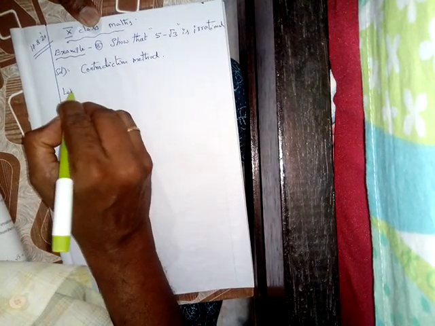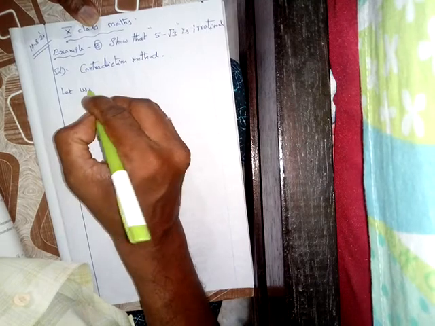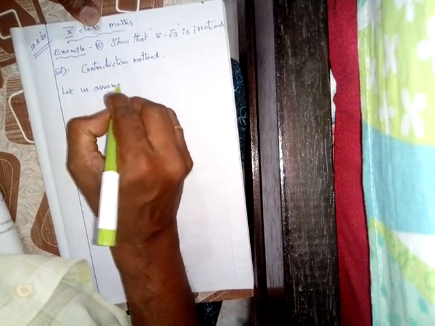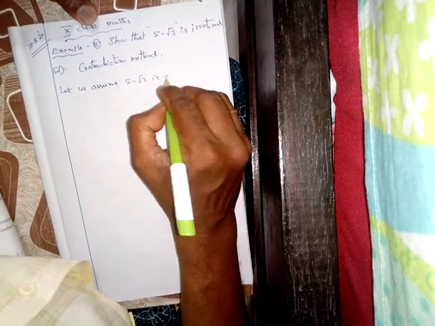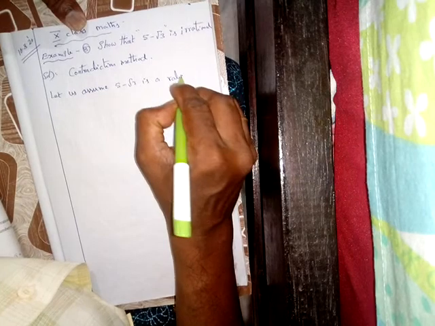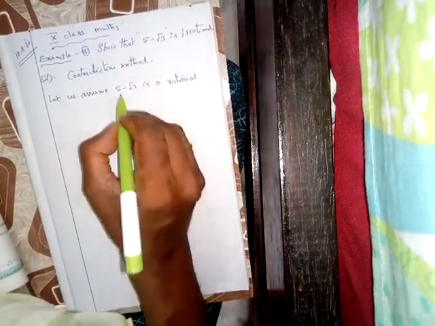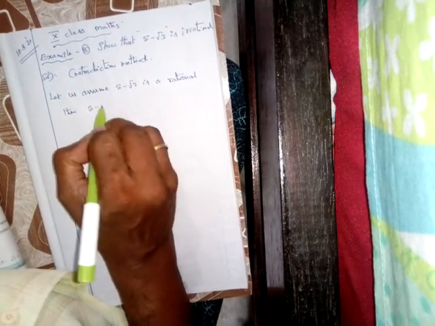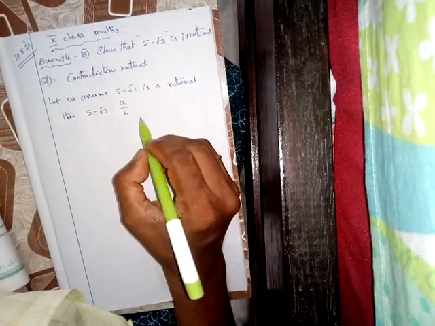To prove this as an irrational number, let us contradict the fact. Let us assume 5 minus root 3 is rational. If it is rational, then we know that every rational number can be written in the form p by q, where p and q are integers.